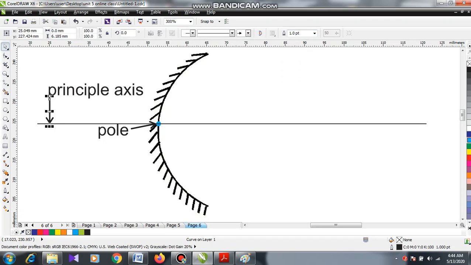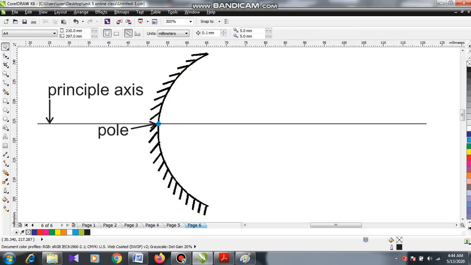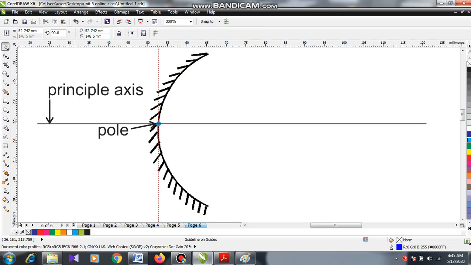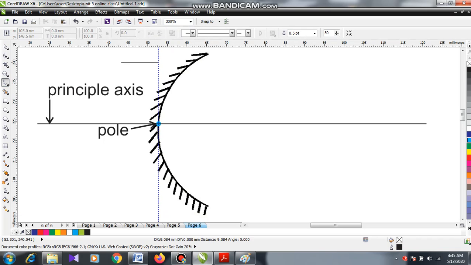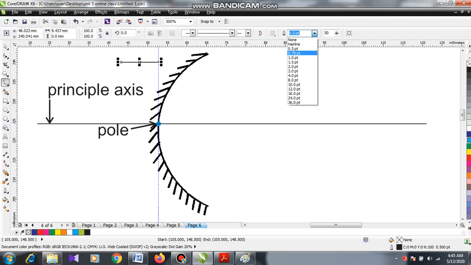The third part: I am going to draw a vertical line through the pole. This vertical line is, as usual, the optical axis.